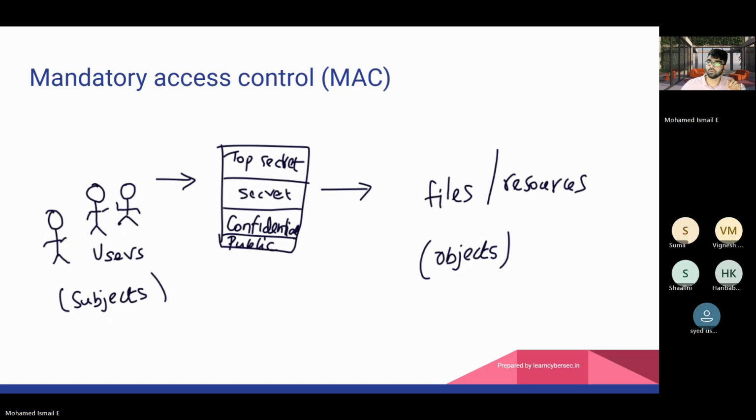So this is primarily used in systems, file systems, or operating systems where files are classified as read only, write only, or confidential, and where you can change the file permission using the chmod command in Linux. So you are giving a file a certain label so that it can only be accessed by a certain group of users, which is predefined by the policy. That is called mandatory access control.